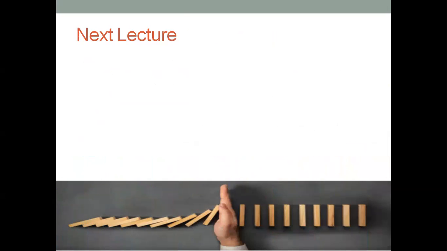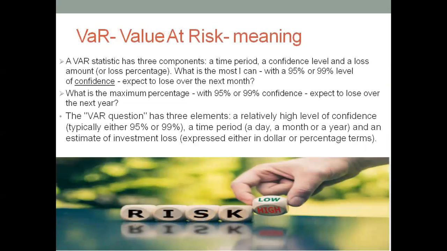Before moving on to our end, I just want to say that if I am saying the value of VAR is 1 lakh at 95% confidence level, what does it mean? It means you are 95% confident that at max you are going to lose 1 lakh.